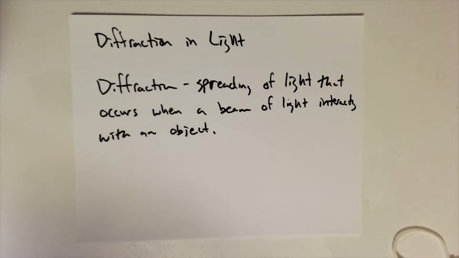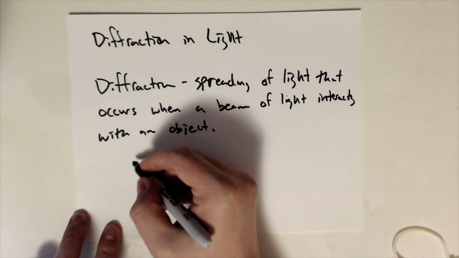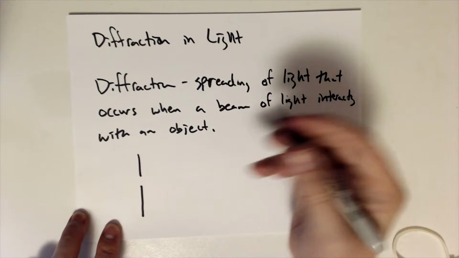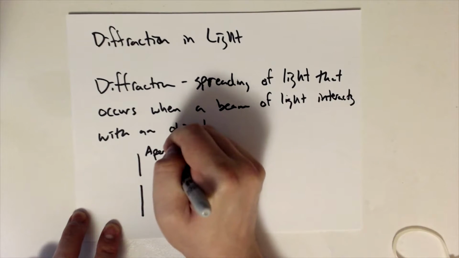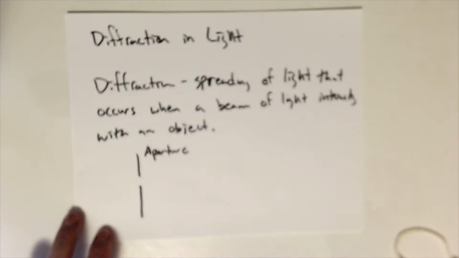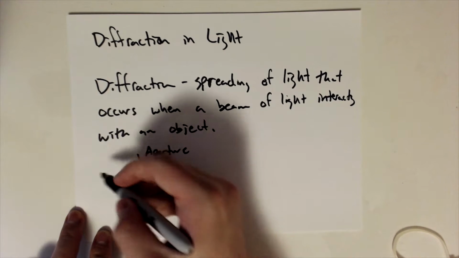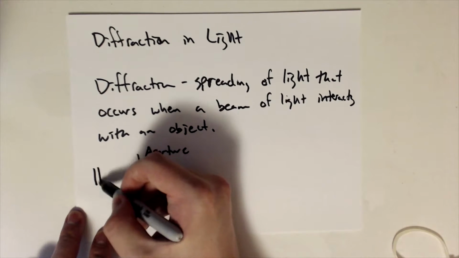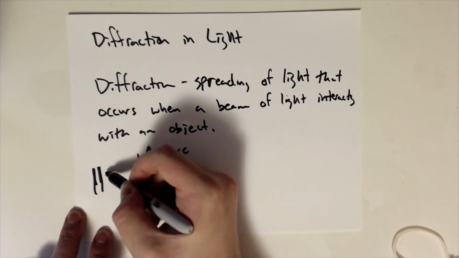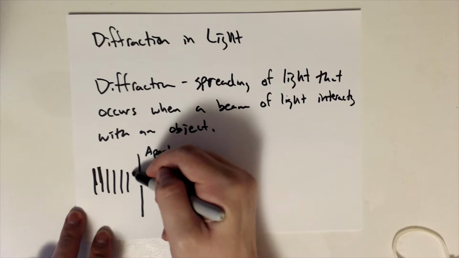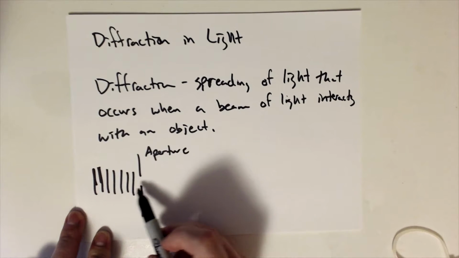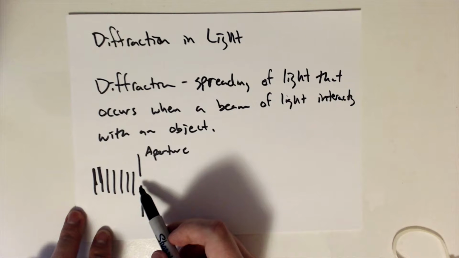To visualize this, I want us to think about a couple of different scenarios where light is traveling through a small opening. This is sometimes called an aperture, or just an opening or hole. Light is traveling in waves, and these are meant to represent the wave fronts traveling towards the aperture.